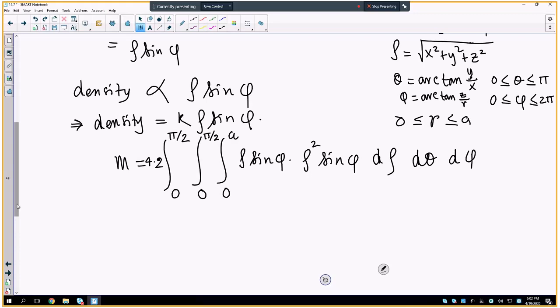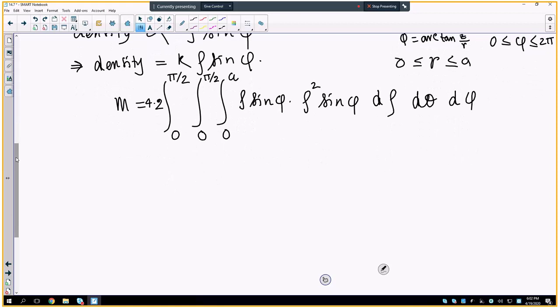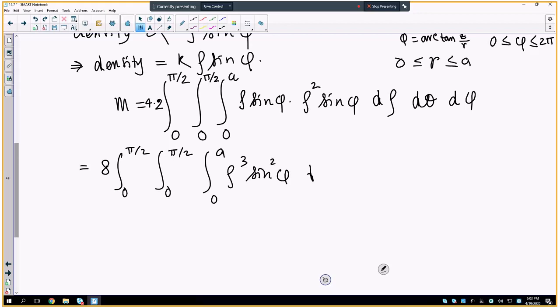So let's try to simplify and start the antiderivative. So 8 times integration 0 to pi over 2, integration 0 to pi over 2, and you are doing the integration with respect to rho. So see, you have integration 0 to a, and rho cubed sine phi and sine square phi, I'm going to say, and then d rho d theta d phi.